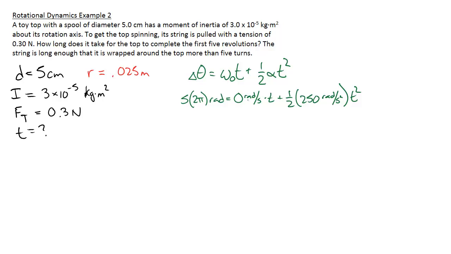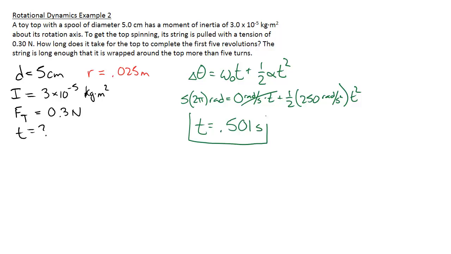And I'm just going to solve this for t. Well, 0 radians per second times t is just 0, so that cancels out. So basically I'm just taking 10 pi, dividing it by 125, which is what I get from 1/2 times 250 radians per second squared, then the square root of that. And what happens is I get a time of 0.501 seconds.